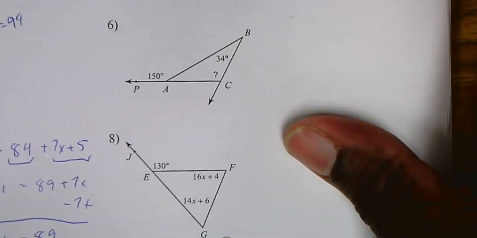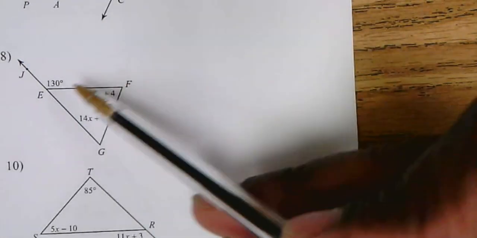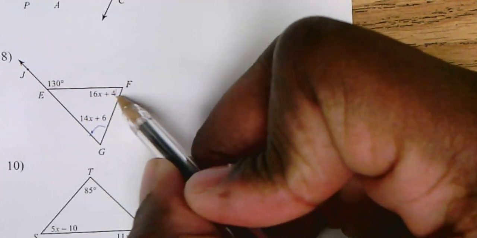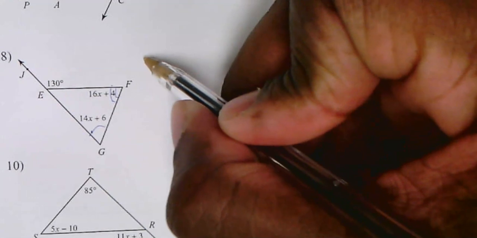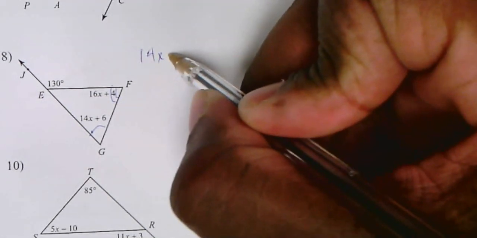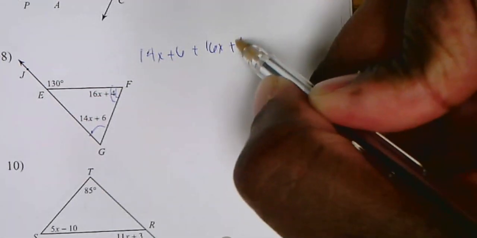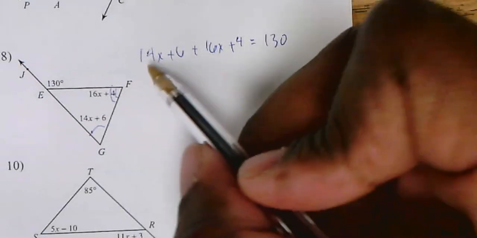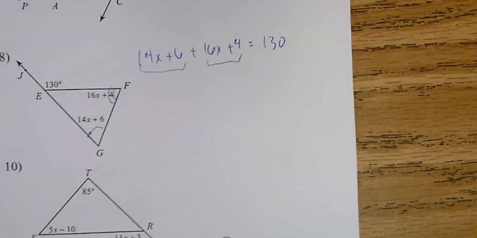In this problem, they gave you that the exterior angle is 130, and the two remote interior angles are these. So I know that this angle plus this angle has to equal 130. So my equation would be 14x plus 6 plus 16x plus 4 equals 130. So the first angle plus the second angle equals the exterior angle.